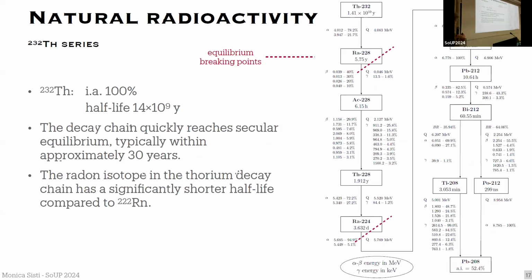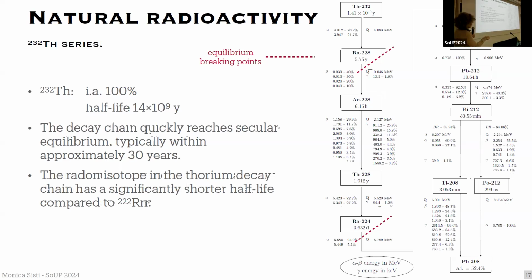Okay. For thorium, the situation is quite similar to the one of the uranium, apart from the fact that here the decays are much faster than the uranium one. So it's quite easy to find this decay chain in secular equilibrium, because the equilibrium here takes approximately 30 years to be reestablished.